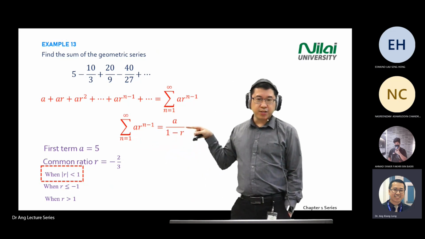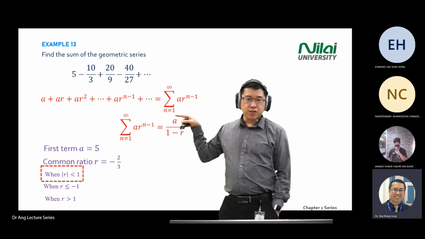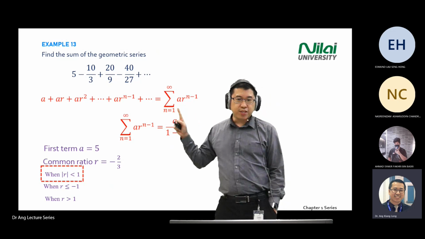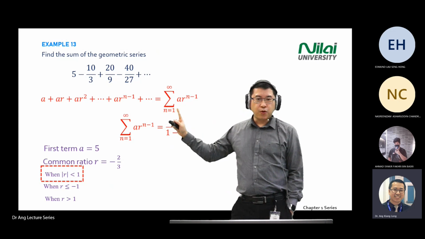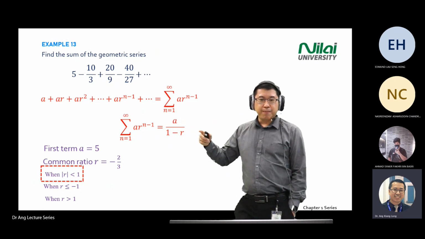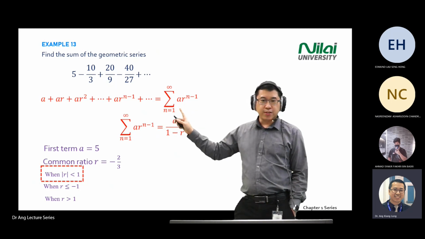The sum is A divided by 1 minus R. So how do you get A? You use the equation given. This is a general equation for geometric series, but you have many kinds of data that give you one equation. So just now you saw 1 over 2 power n.